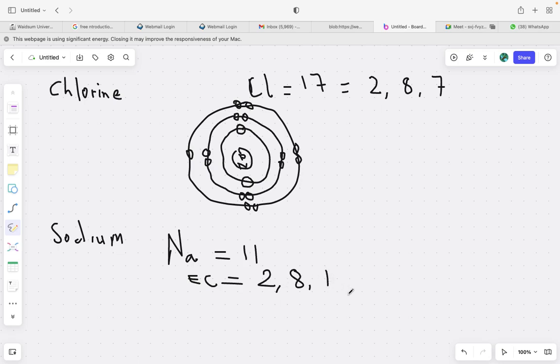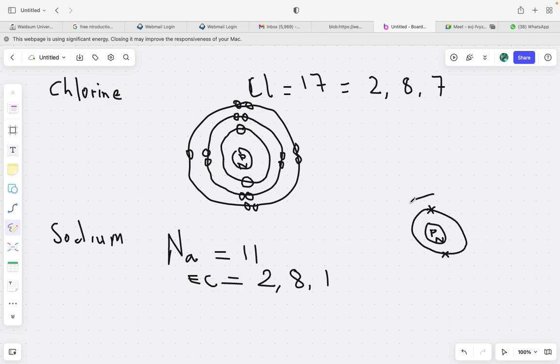If you do that for sodium, this is the nucleus where you have protons and neutrons. Let's use a cross now to represent the electrons. The first shell is always 2.